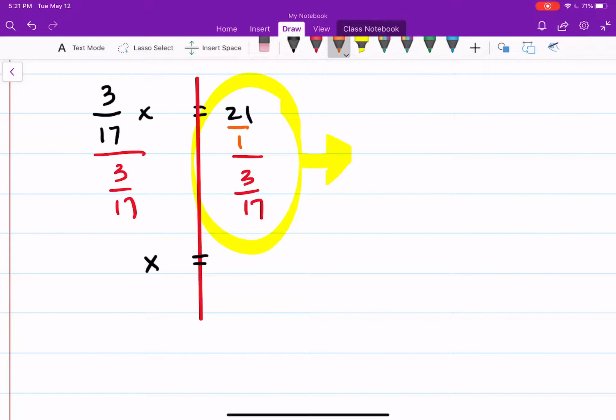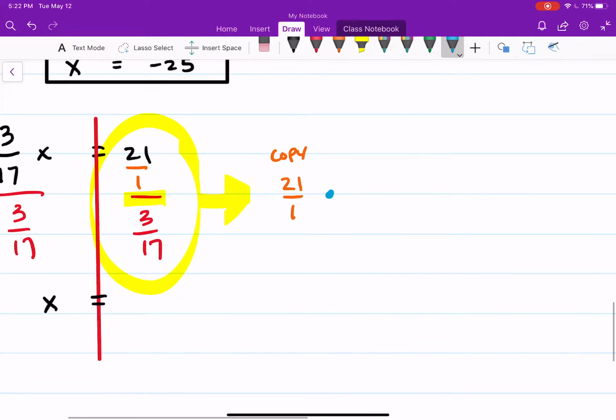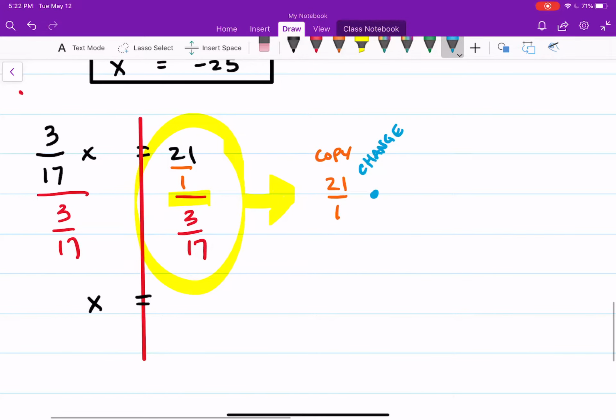So this is the same thing as saying 21/1, copy. This right here means division, so I'm going to change. I'm trying to figure out how to put down change here without taking up too much room. And then I'm going to flip this one.